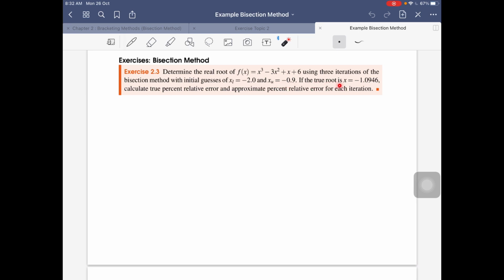If the true root is x equal to negative 1.0946, calculate true percent relative error and approximate percent relative error for each iteration.